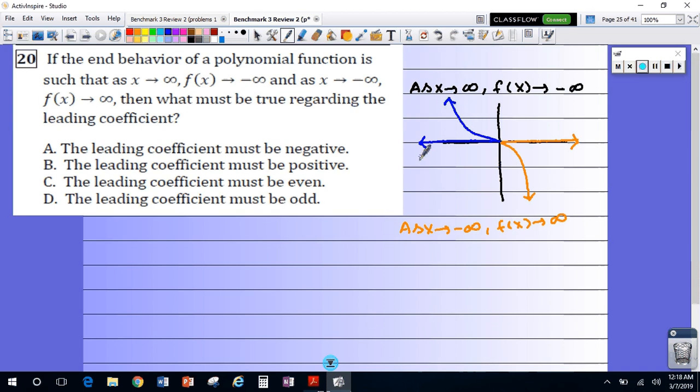So this is negative infinity and this one is positive infinity. So what does this mean? The leading coefficient should be negative and the exponent should be odd. But they ask only for the leading coefficient. So the answer here is the leading coefficient must be negative.